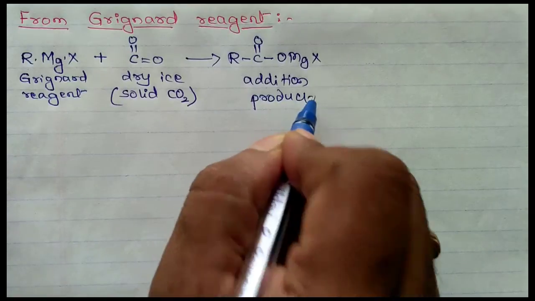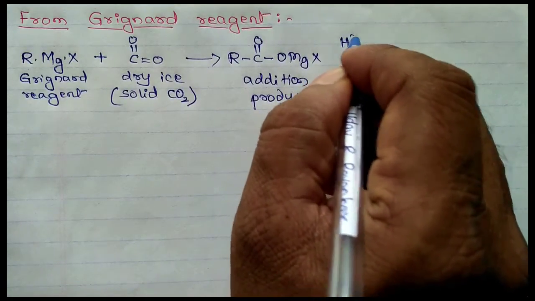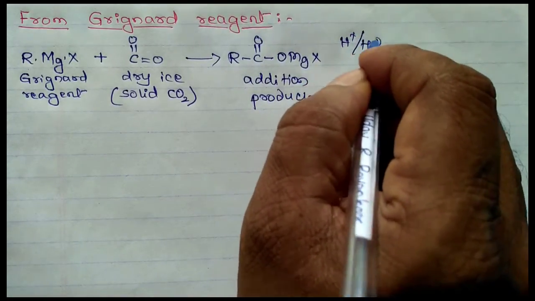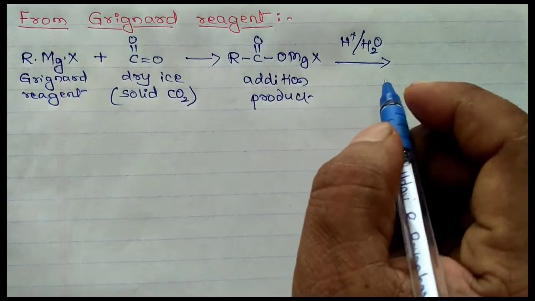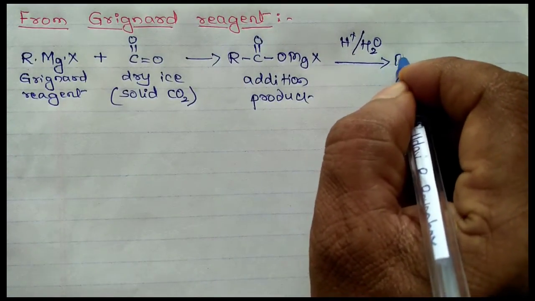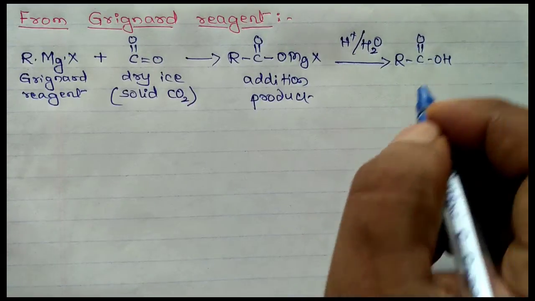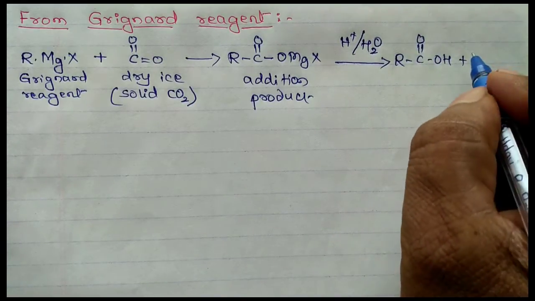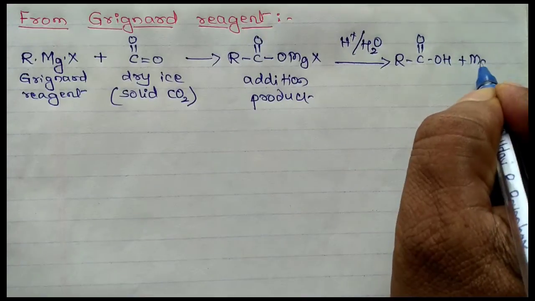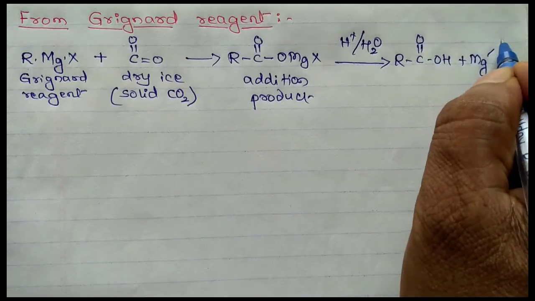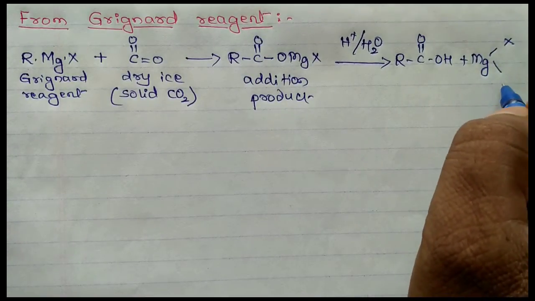The addition product, on hydrolysis, gives carboxylic acid, RCOOH, plus MgXOH.